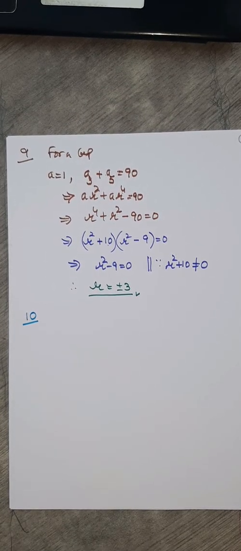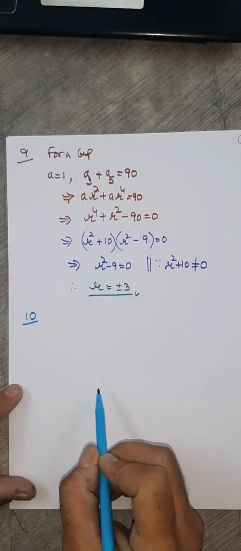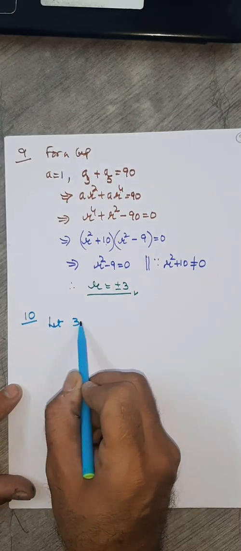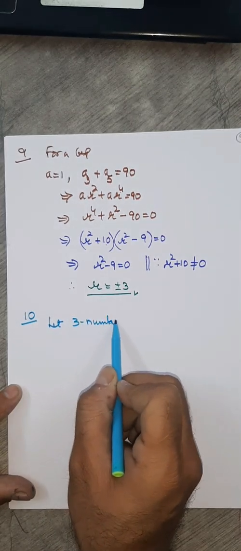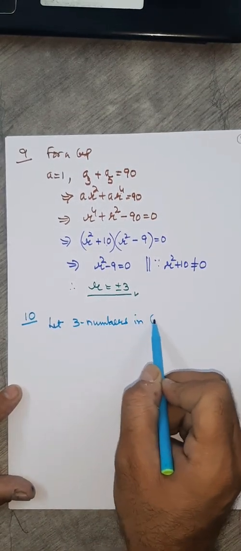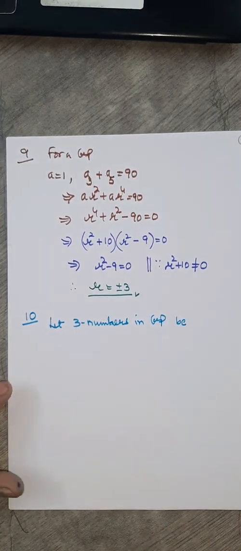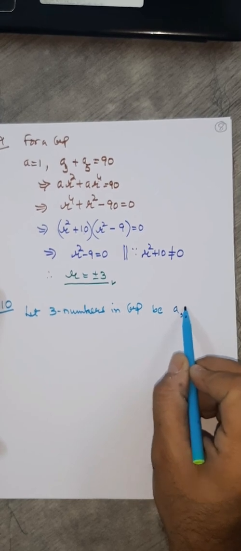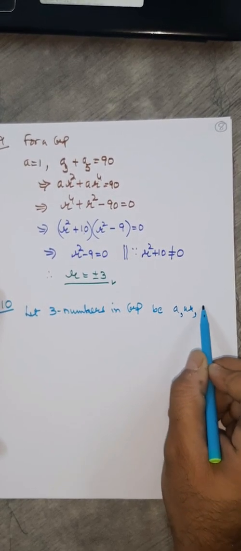Then 10th question. Sum of the three numbers in geometric progression is 56. So we need to take three numbers in GP. Let three numbers in GP be a, then ar, and I'll take ar square.